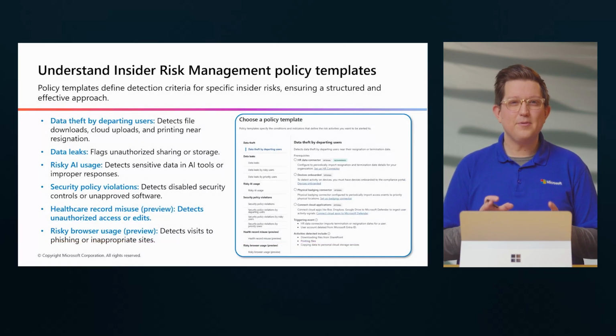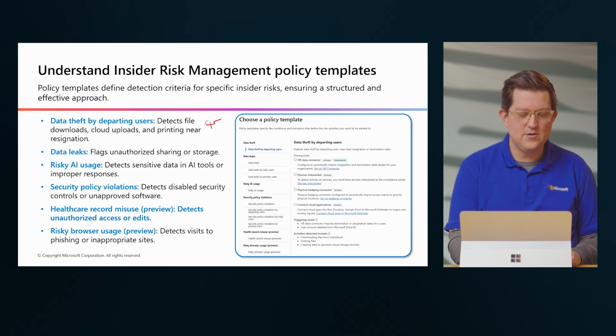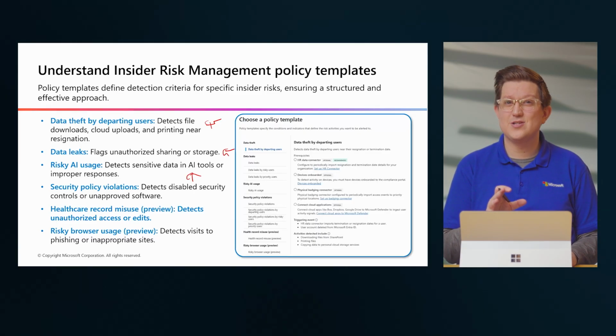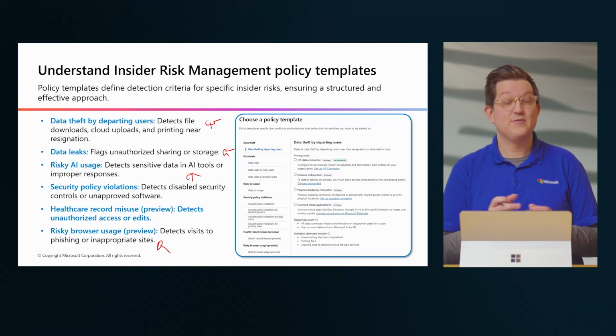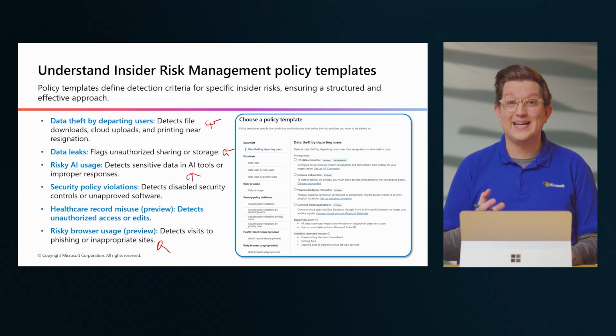Now, templates include a number of different goals, and think of these as the starting point. Common templates include things for data theft by departing users, data leaks, risky AI usage, great if you're looking at unsanctioned AI applications, as well as risky browser usage, perfect to capture everything else that someone might copy some sensitive data into. But these sorts of templates typically require some customization.